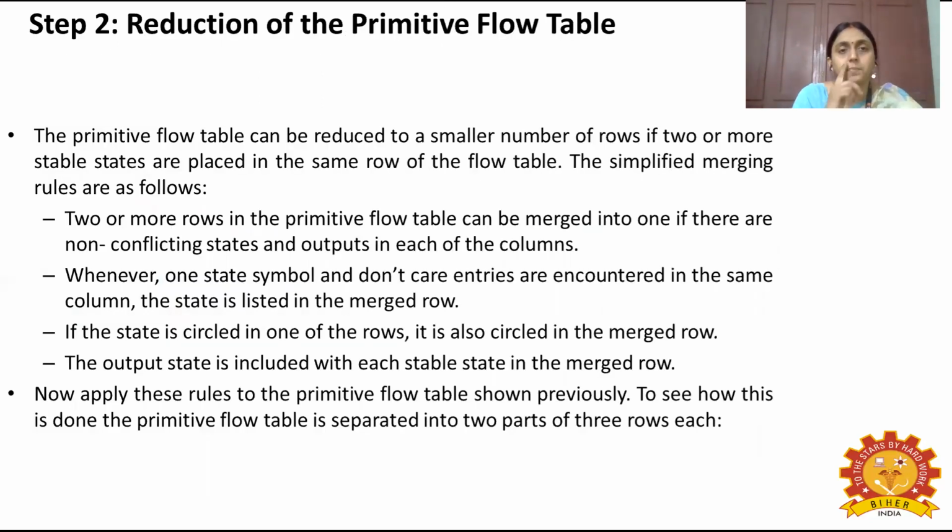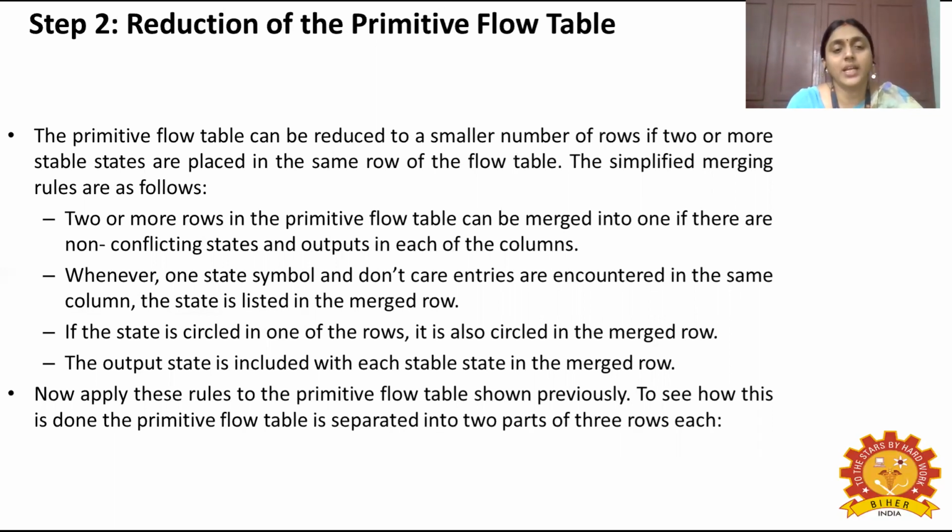And now we will see step 2, which represents the reduction of the primitive flow table. The primitive flow table can be reduced to a smaller number of rows if two or more stable states are placed in the same row of the flow table. The simplified merging rules are as follows. Two or more rows in the primitive flow table can be merged into one if there are non-conflicting states and outputs in each of the columns.